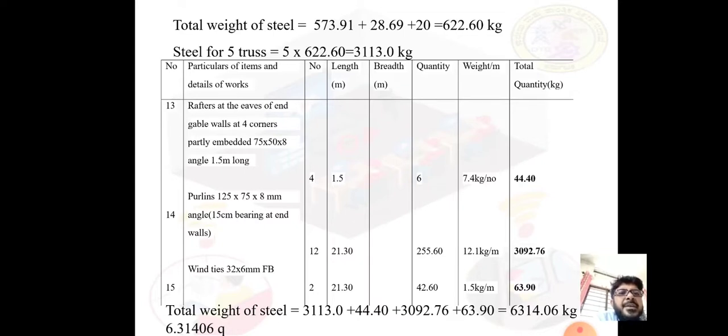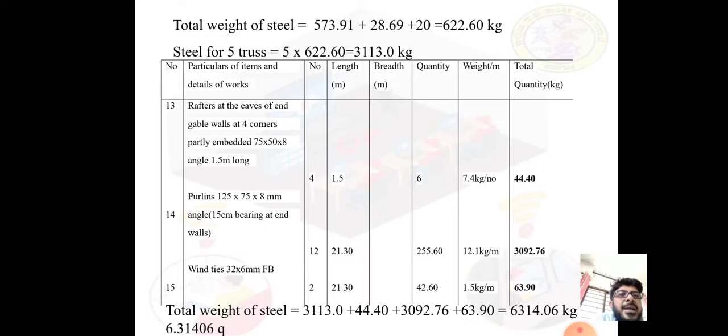And purlins 125 into 75 into 8 mm angles, with 15 centimeter bearing at the end wall. So we are providing a bearing of 15 centimeter. So purlins have to be embedded in the gable wall. So total 12 numbers.